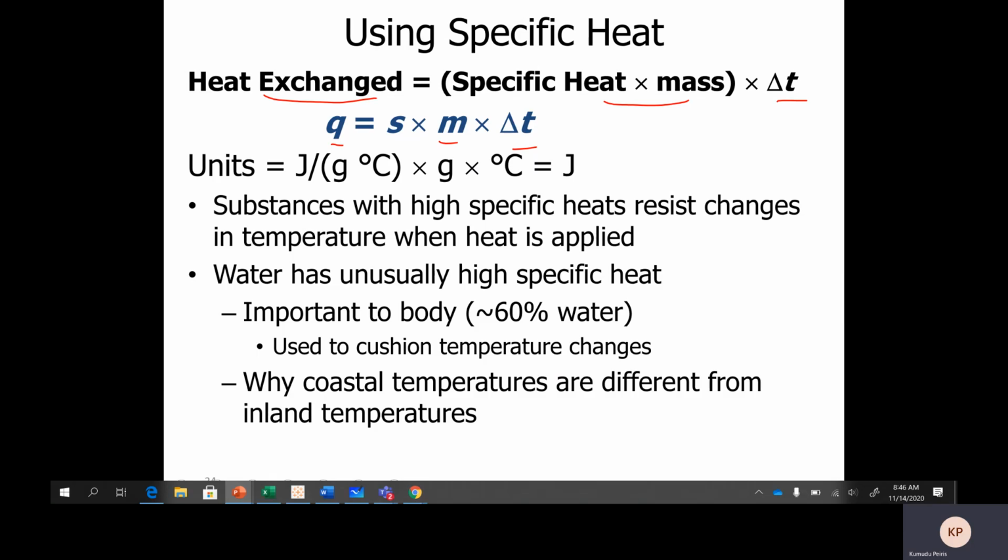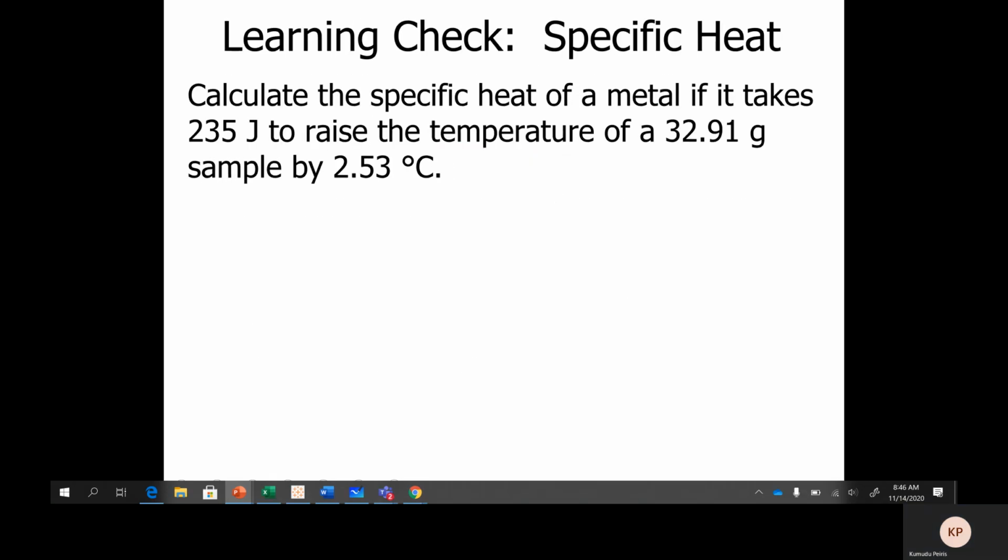Okay, let's see how we can do a question using the specific heat. Calculate the specific heat of a metal if it takes 235 joules to raise. What is this number?